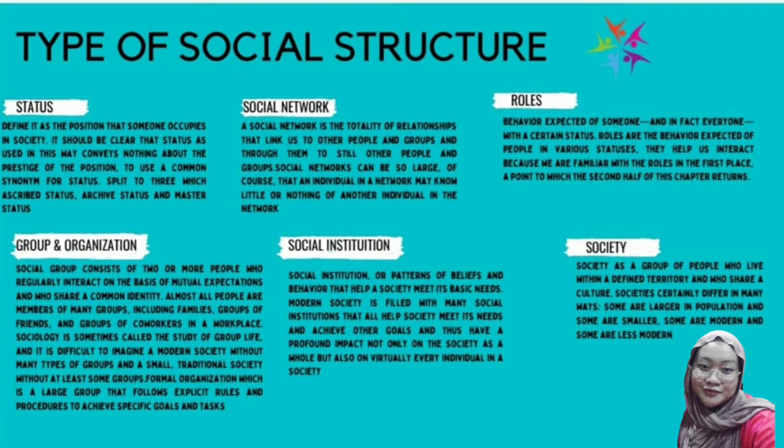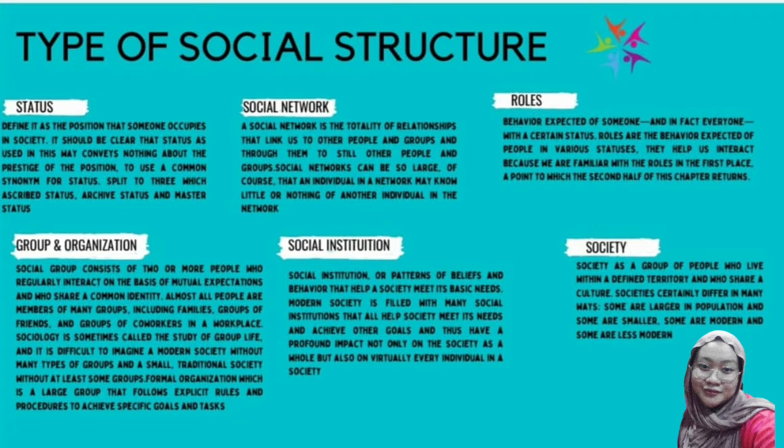Sociology is sometimes called the study of group life, and it is difficult to imagine a modern society without many types of groups and a small, traditional society without at least some groups. Formal organization is a large group that follows explicit rules and procedures to achieve specific goals and tasks.